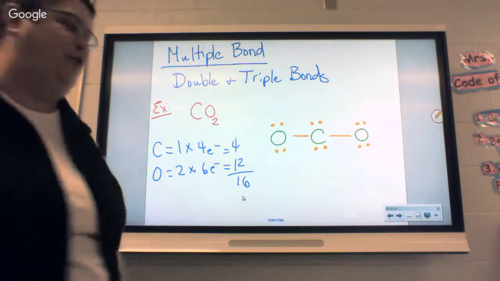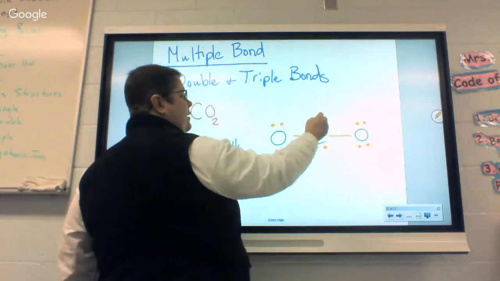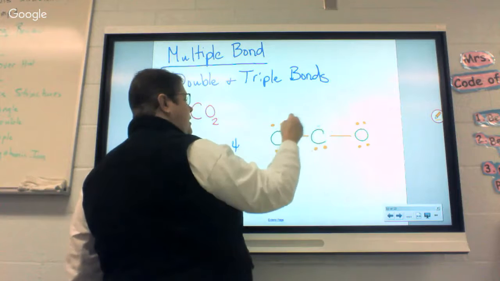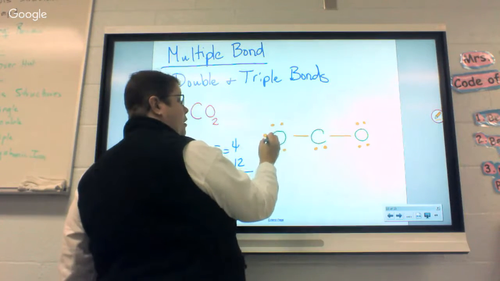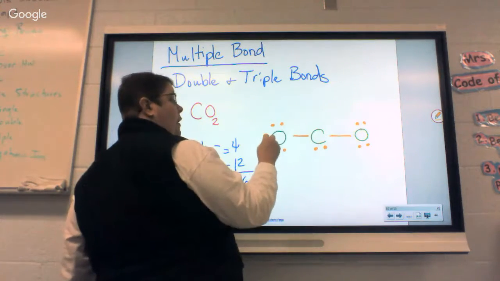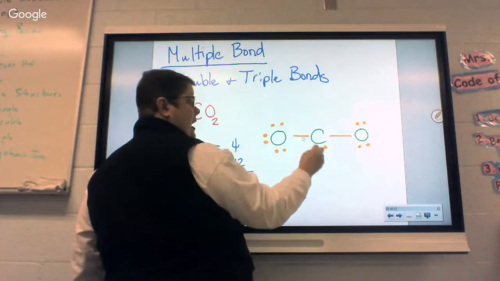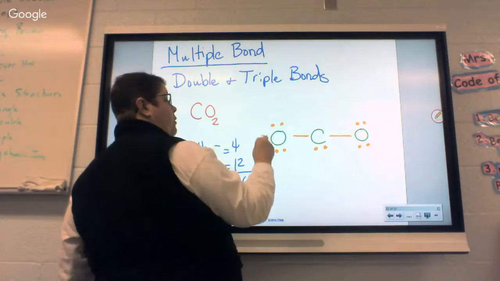So carbon's going to ask where it can put its electrons to help out. If I move them over here, now O has them, and C only has 6. So moving them there only helps out O.